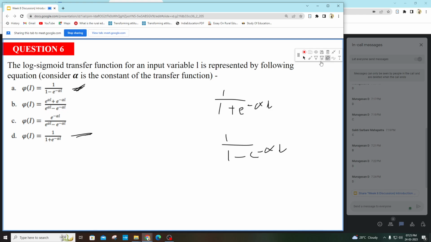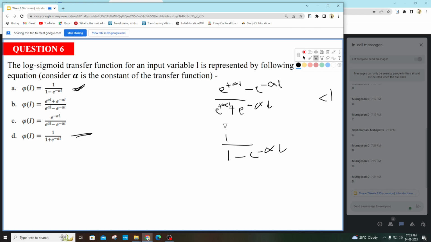If you have to memorize the tan sigmoid function, it is actually e to the power plus alpha L minus e to the power minus alpha L, divided by e to the power plus alpha L plus e to the power minus alpha L. Always remember that your tan sigmoid function is less than 1.